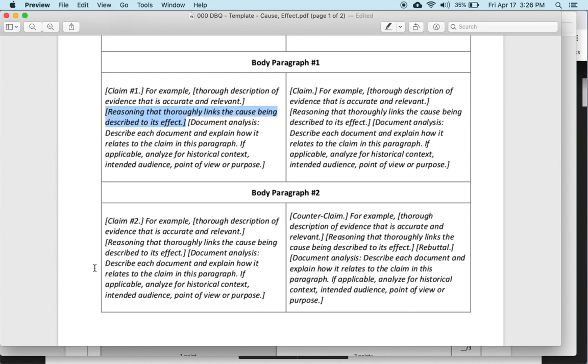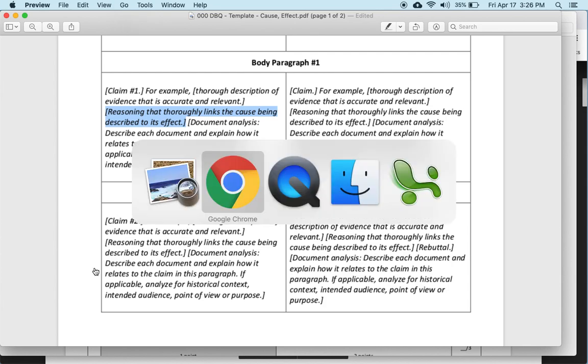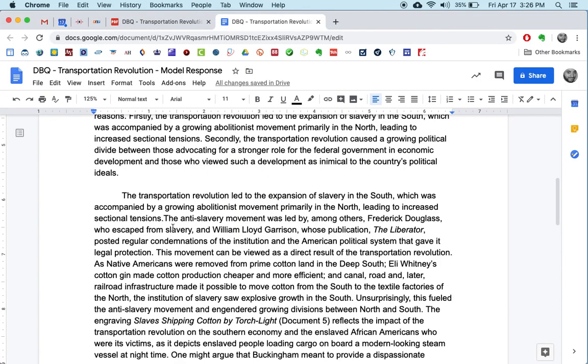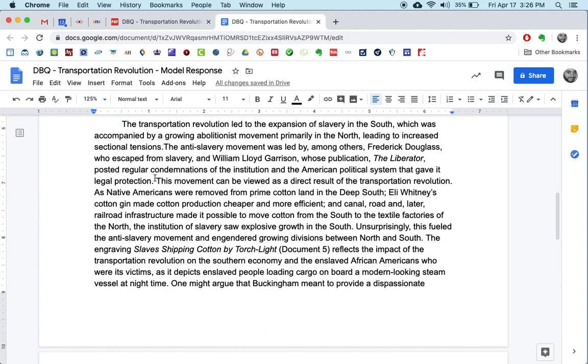For those of you in my classes, remember the underpants gnomes. I'll leave it at that because that would take too long to explain, but hopefully you remember what I mean by that. You can't just assume the reader understands the connection between X and Y. You have to draw it for them. And that's what I do in this part of my essay, or my body paragraph here.